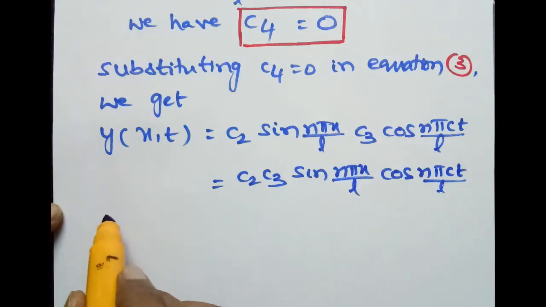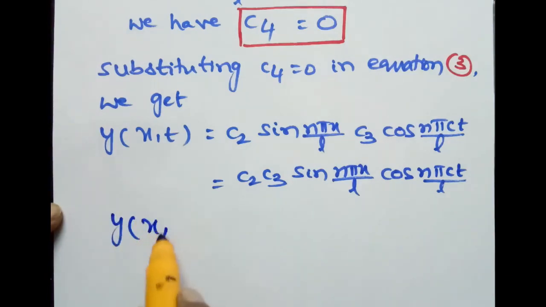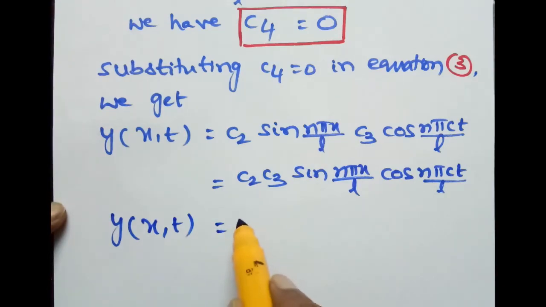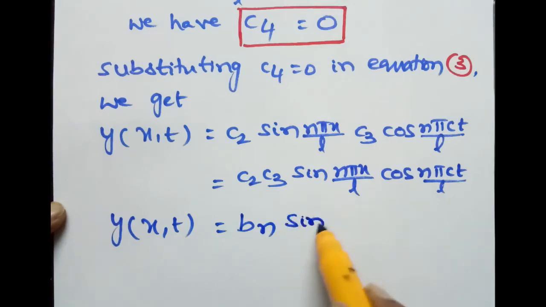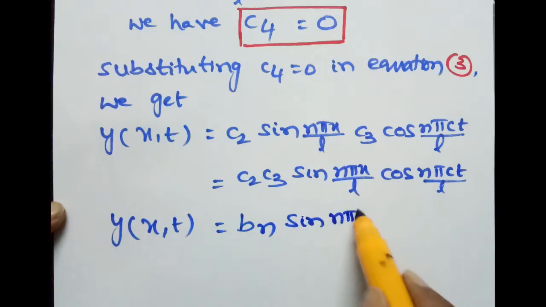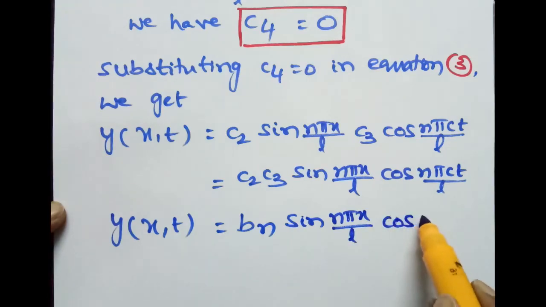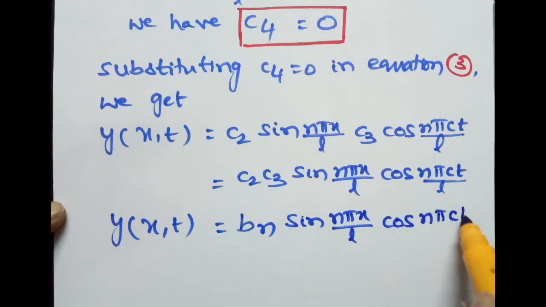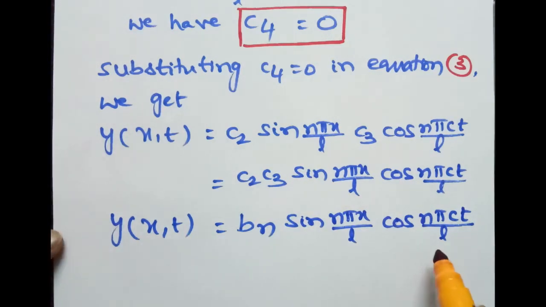Therefore, y of x comma t is equal to bn sin n pi x by L into cos n pi ct by L. Say this is equation number 4.